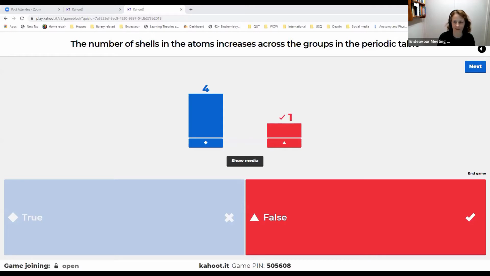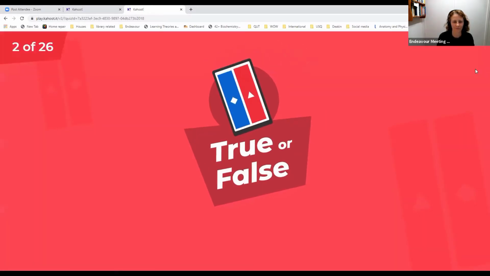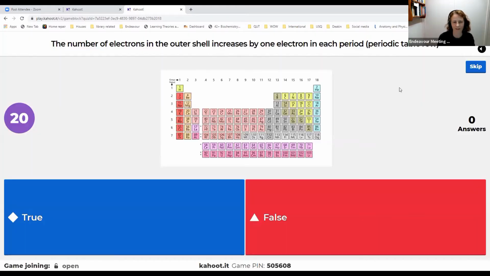And then if we go to the next question. The next one is about the number of electrons in the outer shell. Do they increase by 1 electron in each period?